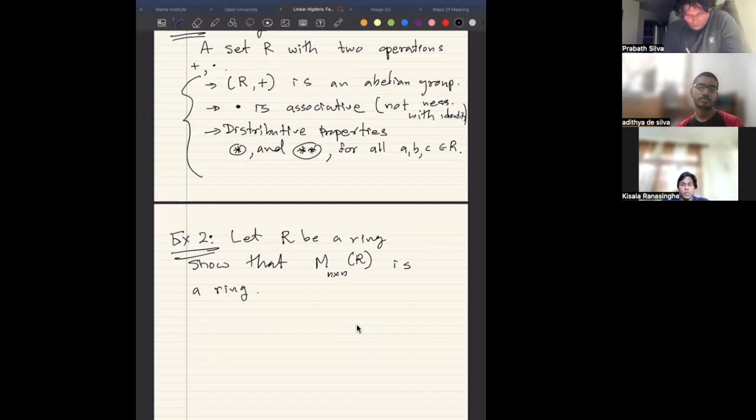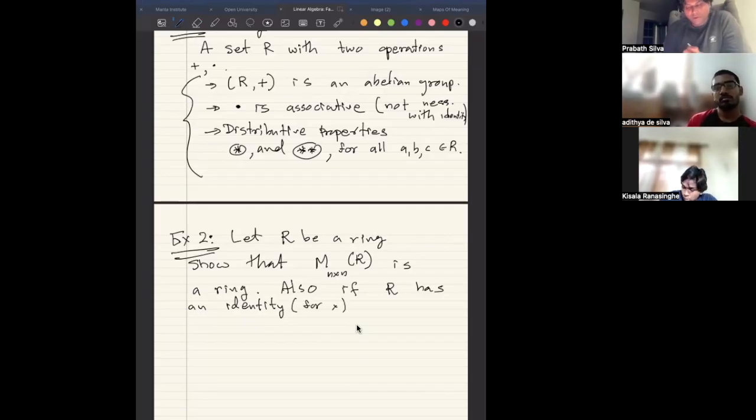Okay. So typically, let R be a ring, and also if R has an identity for multiplication.